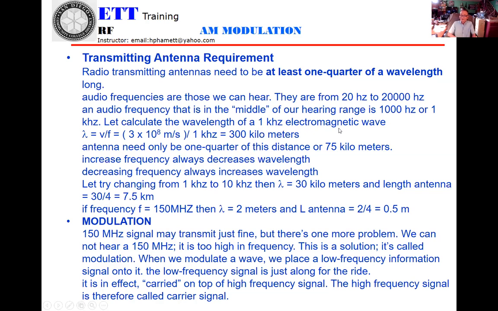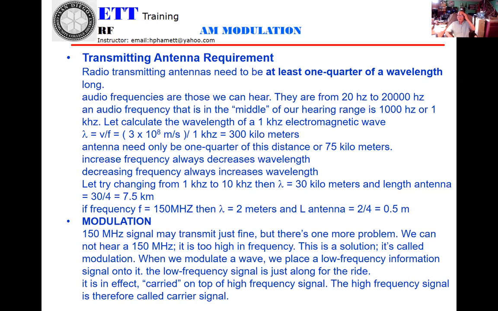No way. You see that? The wavelength is the distance occupied by the wave in the air. If you occupy 300 kilometers, there's no room for someone else to do anything.